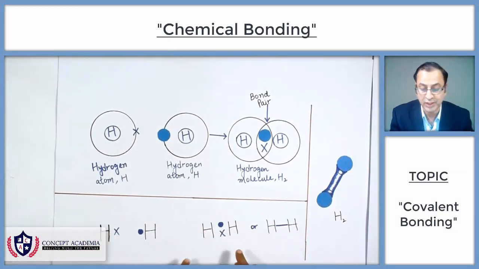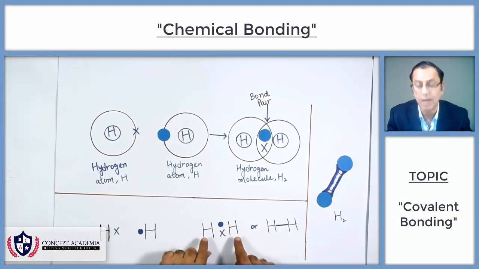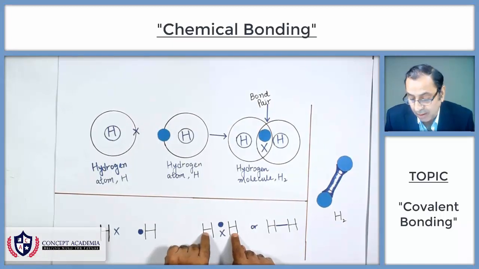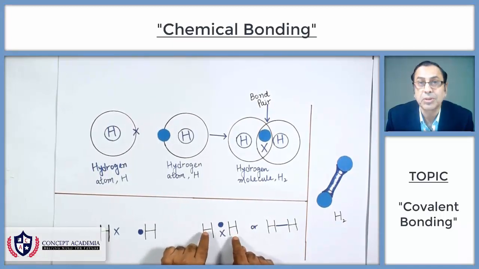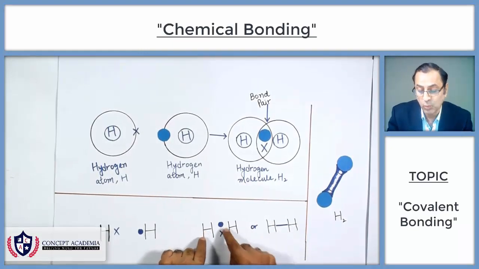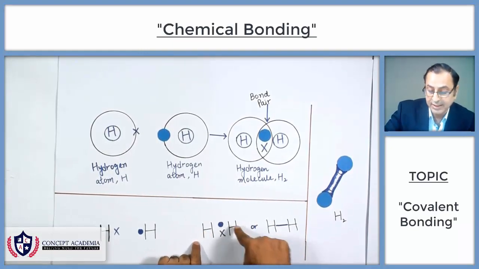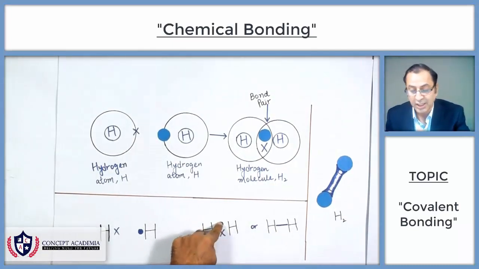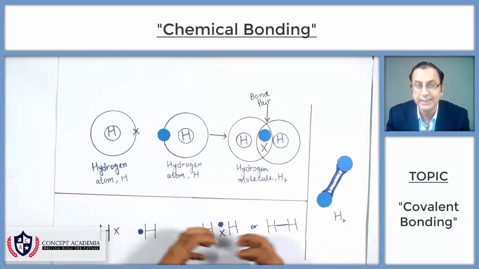By the mutual sharing of electrons, 1 electron from each comes between the two hydrogen atoms and between the two hydrogen nuclei, and this is one pair of electrons. This hydrogen nucleus is attracting it, and this hydrogen nucleus is attracting it, so that force of attraction will bind them together.